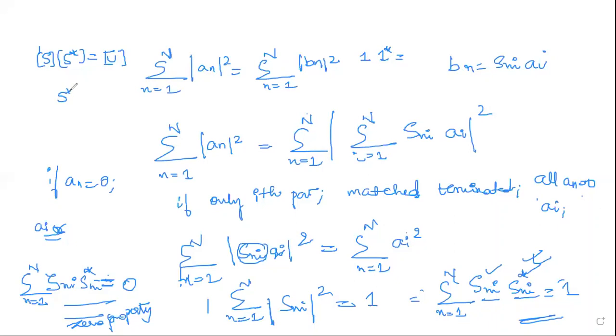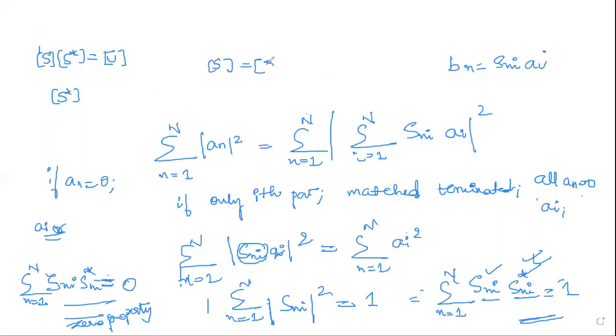What does the symmetry property say for the S matrix? What was the symmetry property, the second property which you have seen? In terms of matrix, the S matrix is equal to S transpose.